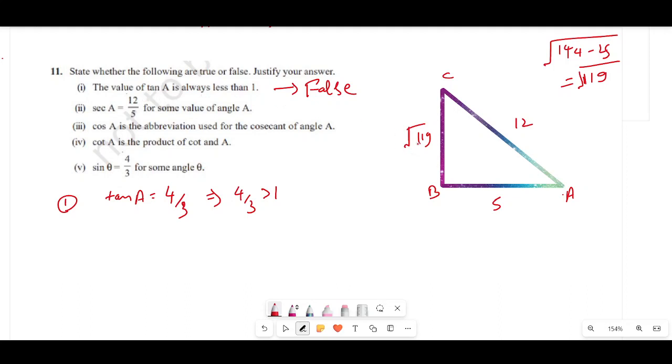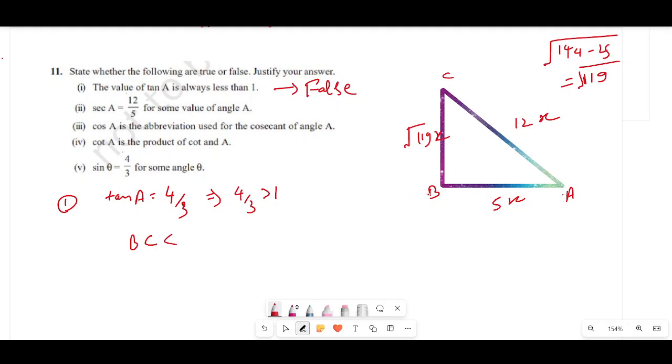Here 5k, 12k, so it will be 5x if you take x, because the ratio is given. Clear? Now if you observe that, what will you get? You will get BC is less than AC plus AB.